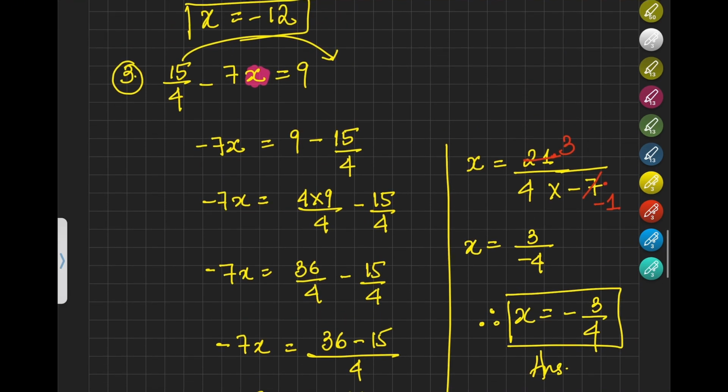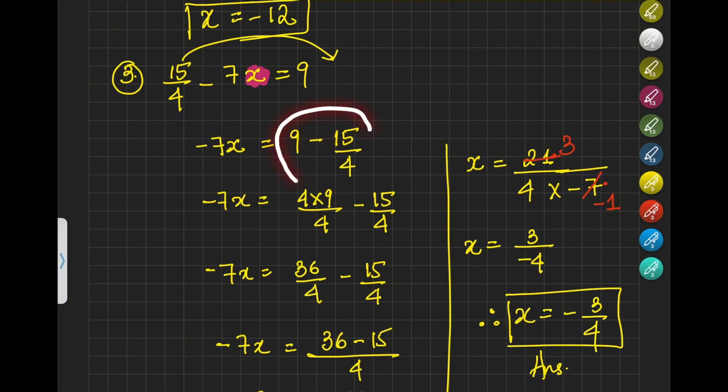Now again, let's understand step by step what we have done. We looked for the variable first, and we saw that we need to isolate this term on one side, especially if it is on the left hand side, better. So that is why we took 15 by 4 to the right hand side. The sign here was plus, so when it came to the right hand side it became minus.